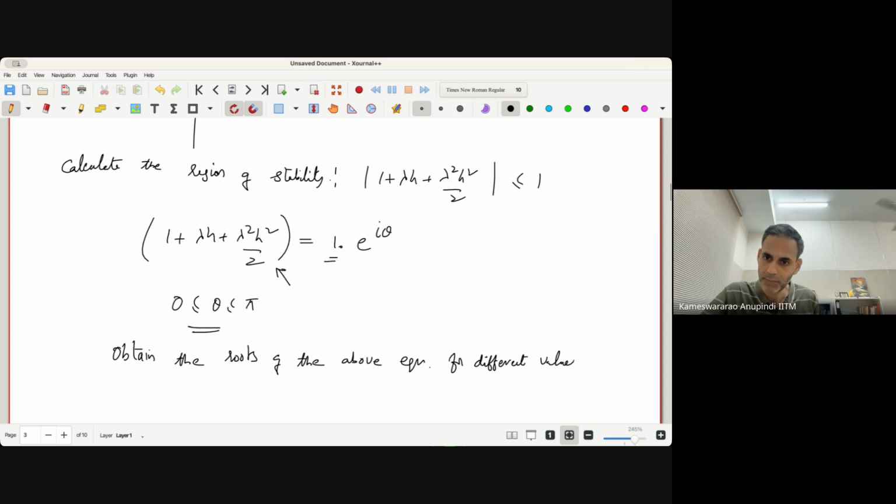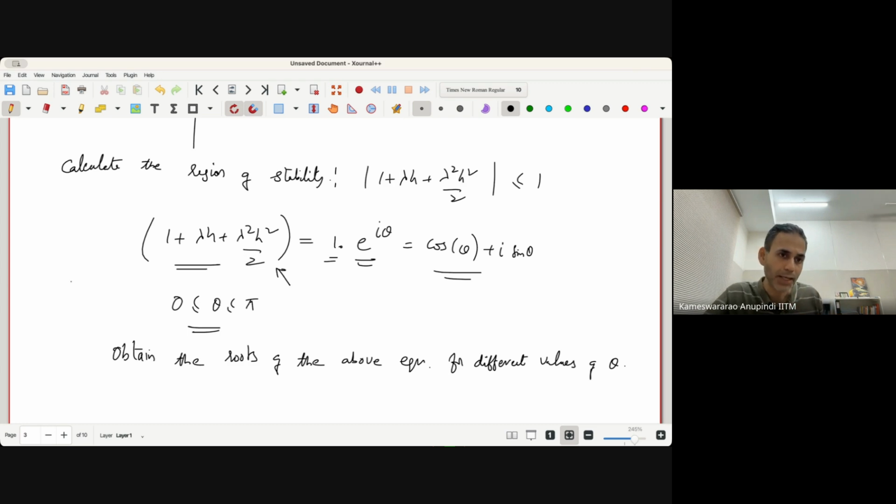for different values of theta, right? That means once I know the theta value, I know the right hand side is basically going to be cosine theta plus I sine theta. Then I can solve for the roots of this equation with this right hand side. That is going to give me the value of lambda h, which will lie on that curve, whatever is the curve.